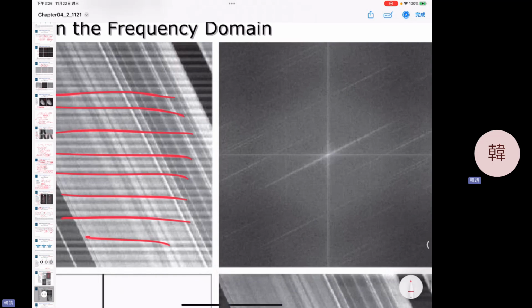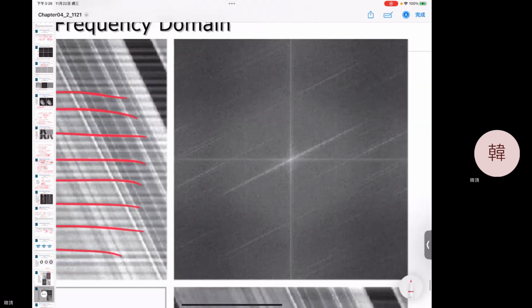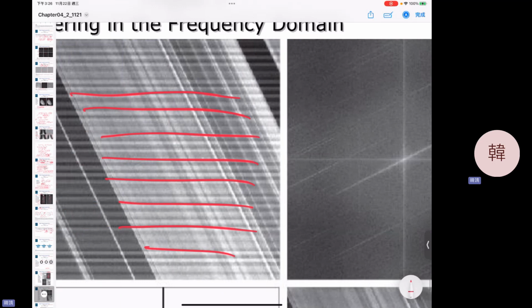If we look at this one, the corresponding spectrum of the Saturn ring image will look like this. We are not going to remove the original Saturn ring, but the noise is the horizontal line.